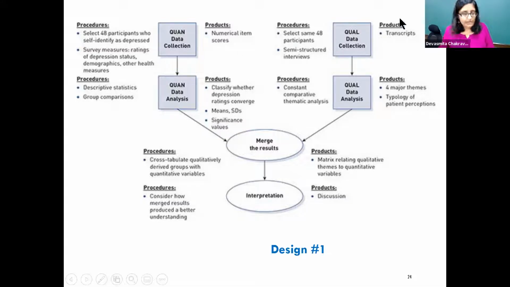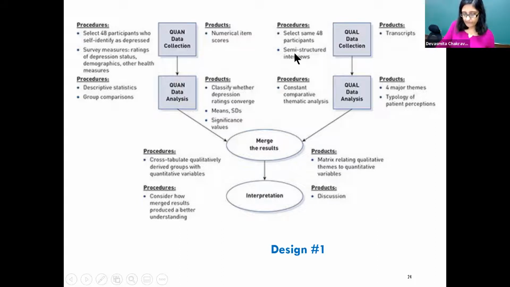On the right side, parallelly at the same time, you did some qualitative data collection. From whom? Not from these people, but from their doctors. What did you do? No, I'm sorry. The survey was through their doctors because they provided the health records. And you interviewed these people.